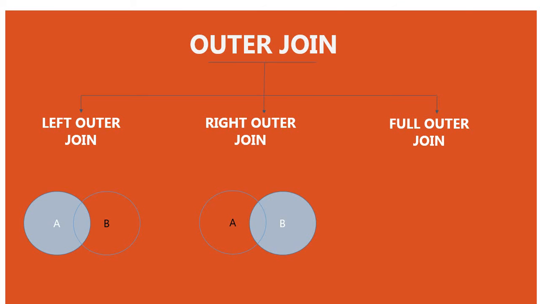Including the intersected area, we are retrieving data for the outer section of the right table.